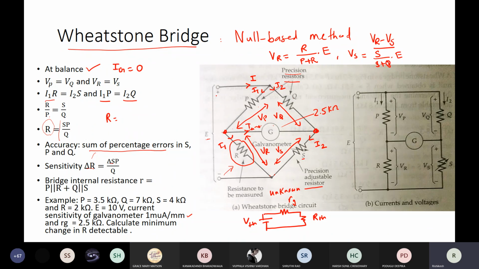So you have to short these two terminals, considering that this is the ideal voltage source whose internal resistance is 0. All right, so we are shorting these two. What happens in that case? What is the Thevenin equivalent resistance then?